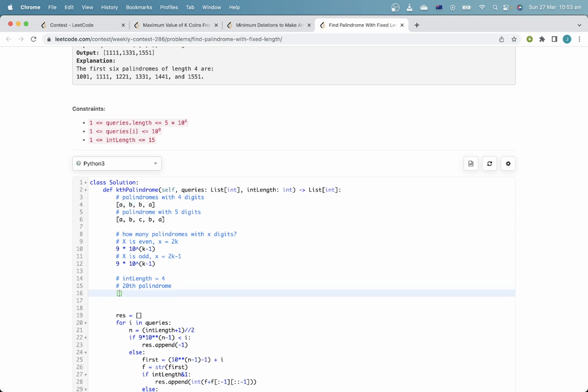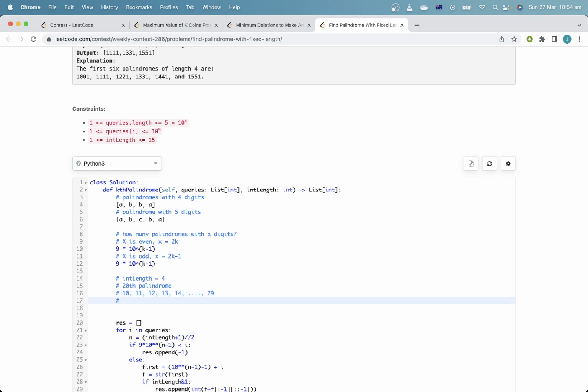So if we start finding the combinations of the first 2 digits, the first combination is 10, the next one's 11, then 12, then 13. And we can see that this is just going to keep counting up until we get that the 20th palindrome is 29. And that means that our palindrome must be 2992.